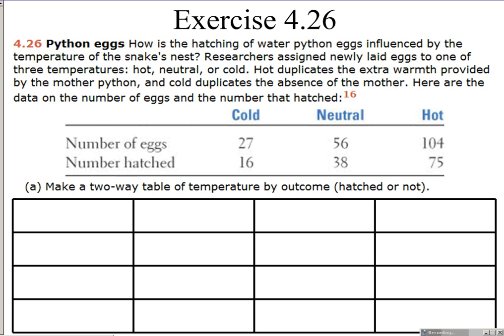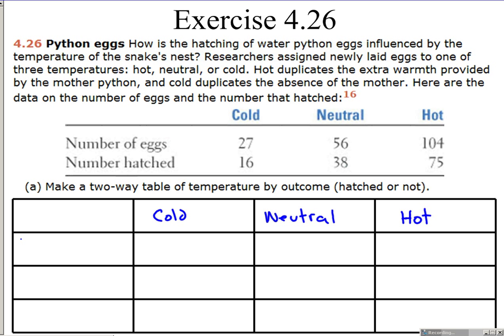Okay, so we want temperature by outcome. Well, the three temperatures we have are cold, neutral, and hot. So there's our column variable. Then the eggs are going to do one of two things.